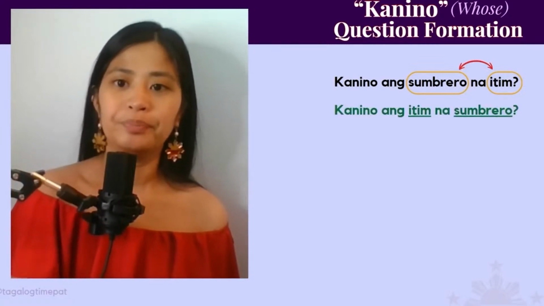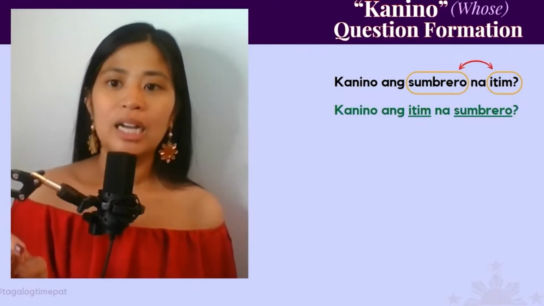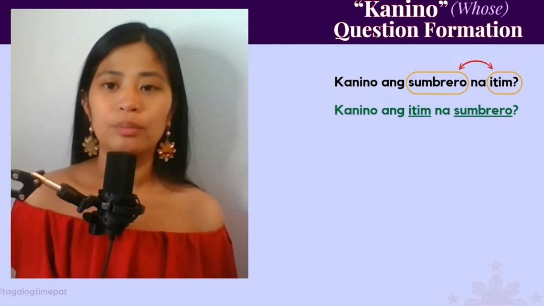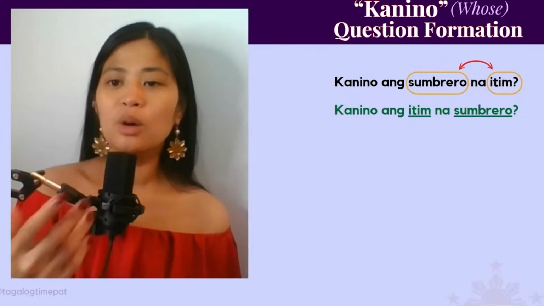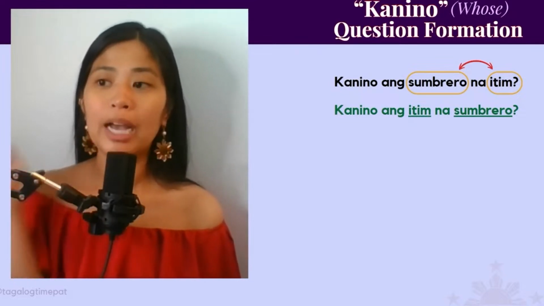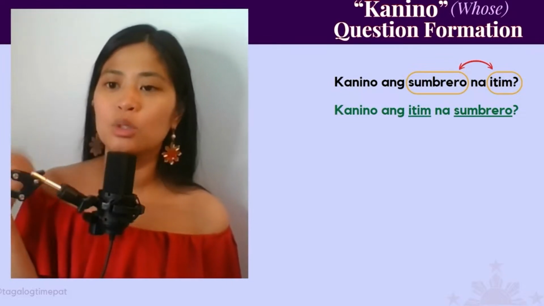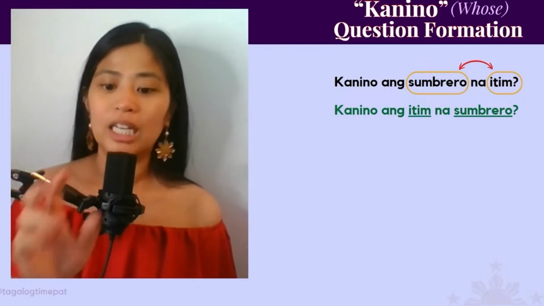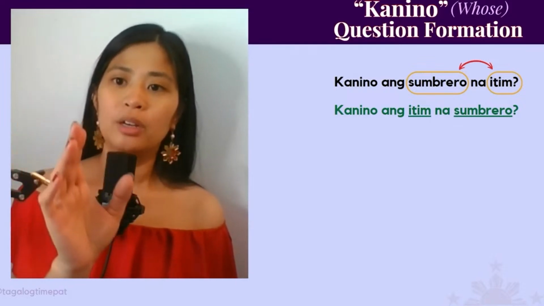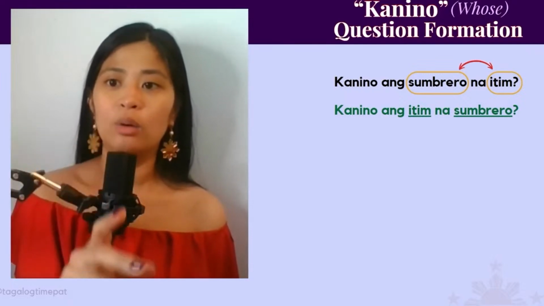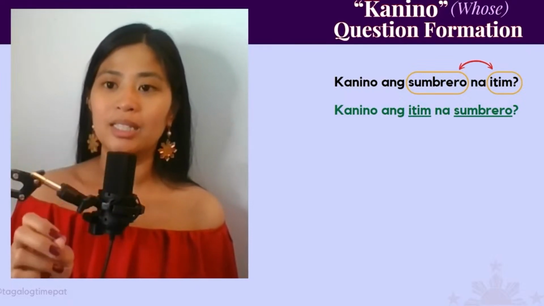For example, kanino ang itim na sombrero? So instead of saying, kanino ang sombrero na itim, you might hear, kanino ang itim na sombrero? So in Tagalog, you can switch the adjective and the noun around and it will still make sense.